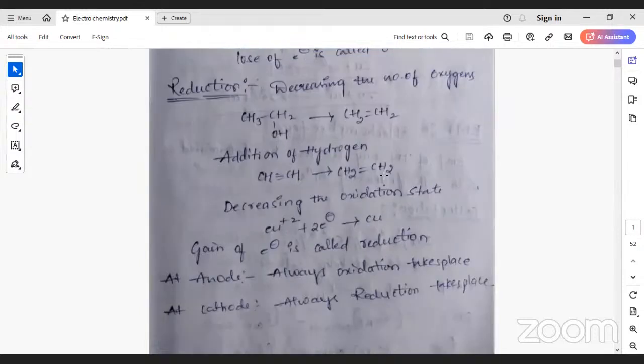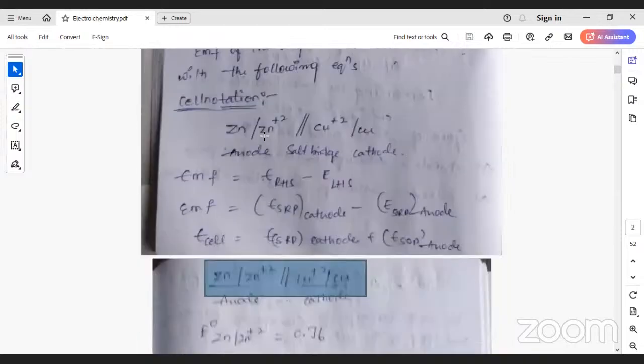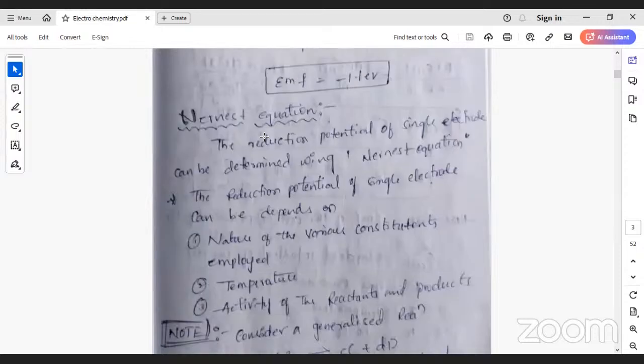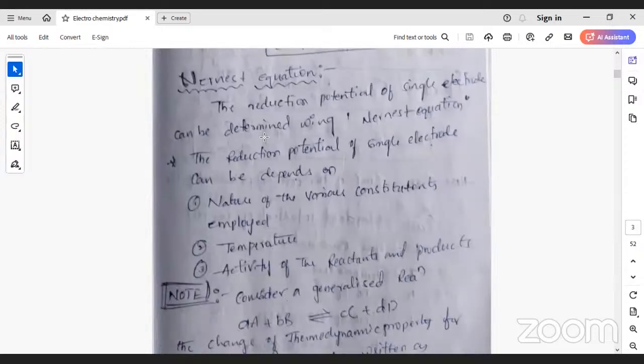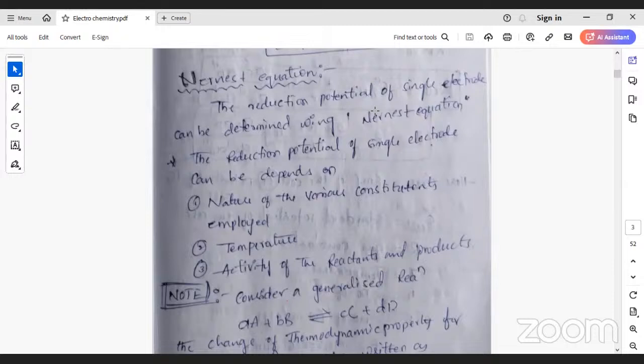Is it visible now? Yes, sir, it's visible. Okay, fine. If any problem is there, you have to mention it in the chat box, whether screen related problems or voice problems, anything.